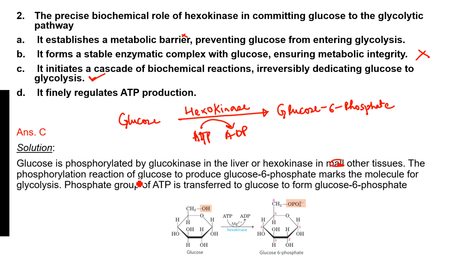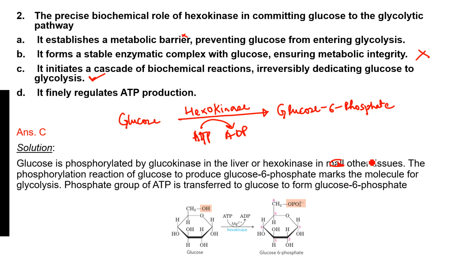The phosphorylation reaction of glucose to produce glucose 6 phosphate marks the molecule for glycolysis. So in this step, what happens? The phosphate group of ATP is transferred to glucose. The phosphate group which is there in ATP is transferred to the carbon number 6 of the glucose molecule, and the glucose 6 phosphate is formed.